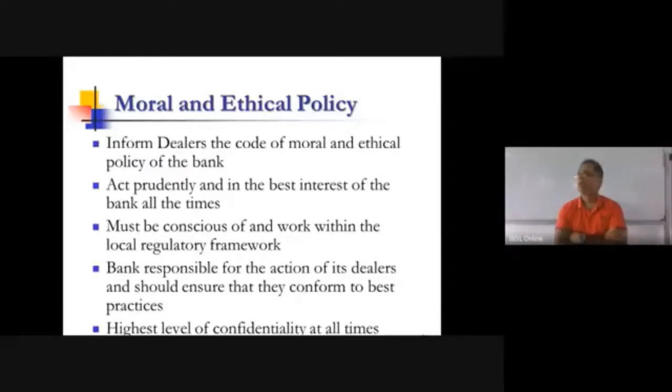There are 55 principles, if I'm not mistaken, that give you a broad guideline as to what your ethical practice should be in different cases, in different scenarios. This has all come about after the global financial crisis, where you found that a lot of behavior was questioned. And then the BIS decided that they needed to have a more robust policy, and that's why they came up with that.